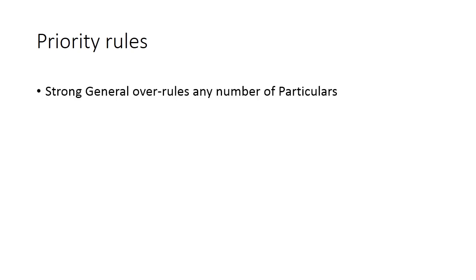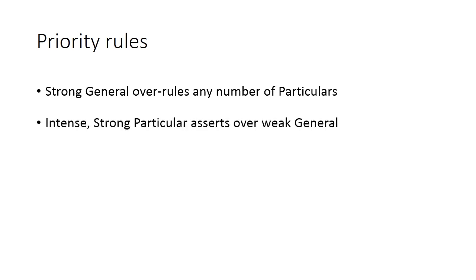Now here are some priority rules which you can keep in mind when you are using these symptoms for repertorization. Strong generals overrule any number of particulars. So if there is a burning sensation in two or more parts, then of course it's the general that's going to overrule any particular or location.